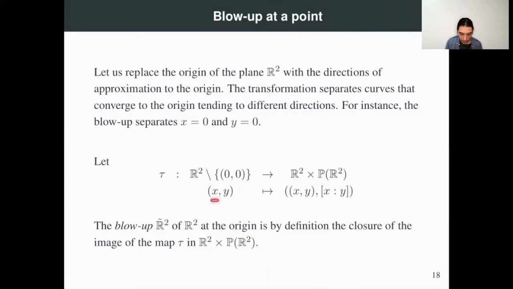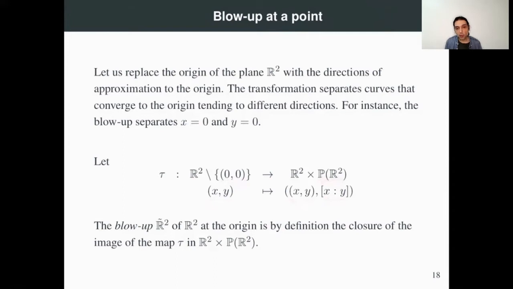And we are sending (x,y) to the pair (x,y) and the point of the projective space defined by (x,y). That's one reason we have to exclude the origin, because it's not defined at that point.